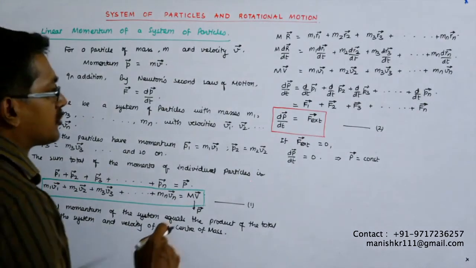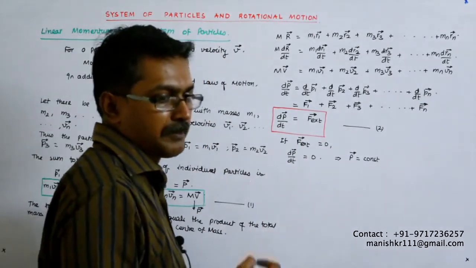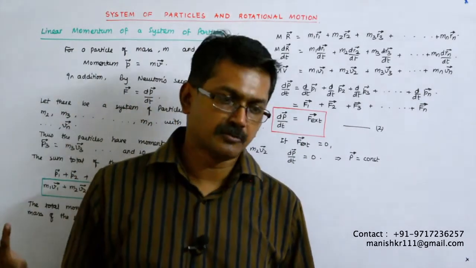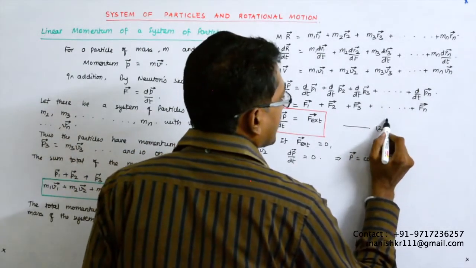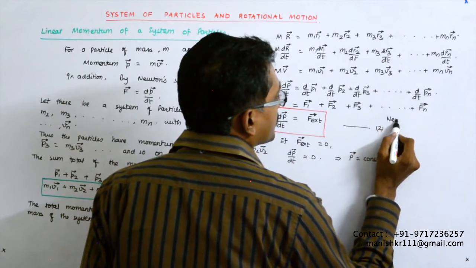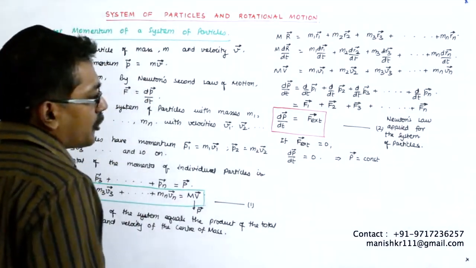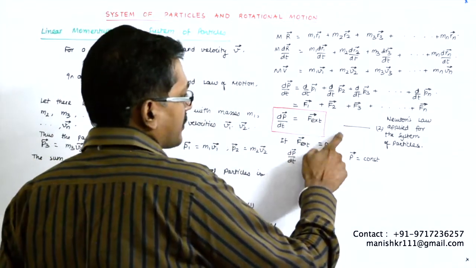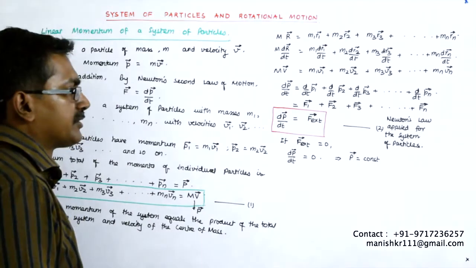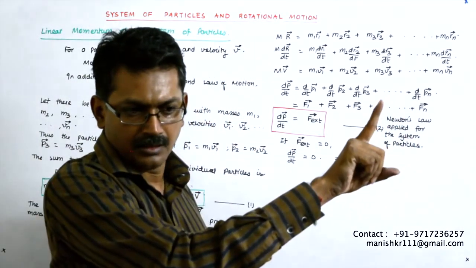Now if you see closely, equation 2 is actually Newton's law applied for the whole system of particles, right? So equation 2 is Newton's law. So you had seen the trajectory of the particle.